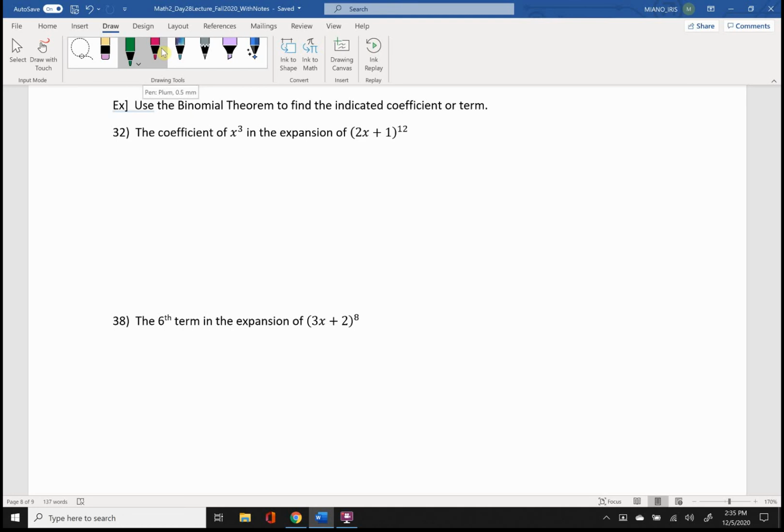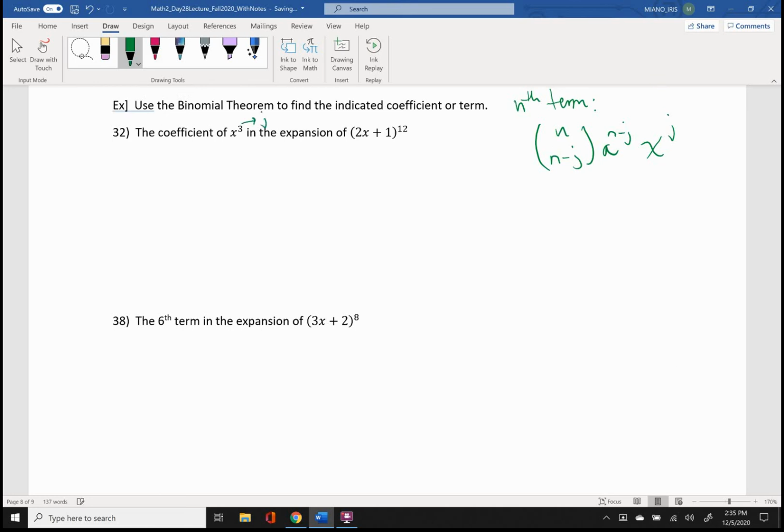to get the nth term, you're going to use this expression. It's not a formula so much as it is an expression. n chosen n minus j at a time, times a to the n minus j power, times x to the jth power, where j is this exponent here.